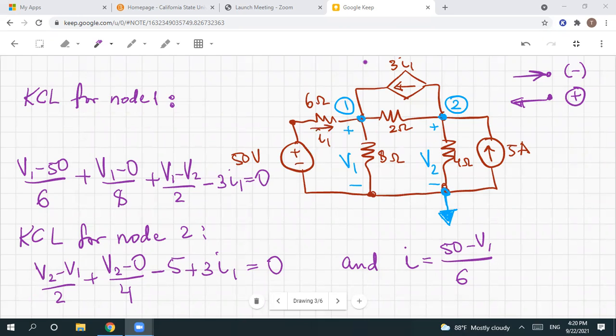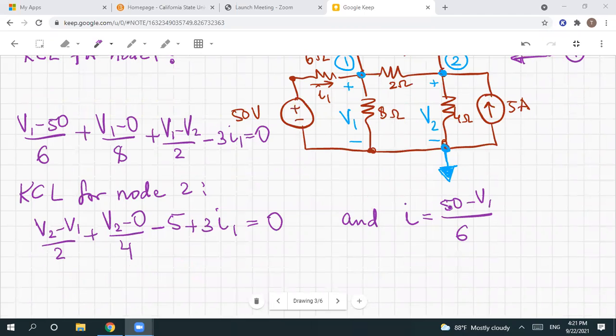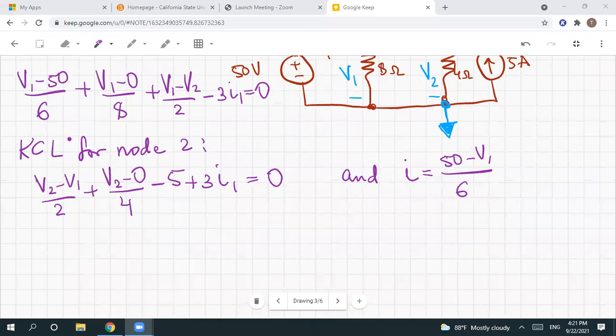So the direction is going from the 50 to node 1. Now if you plug 50 minus V1 over 6 here and here, then we will have two equations in terms of V1 and V2.